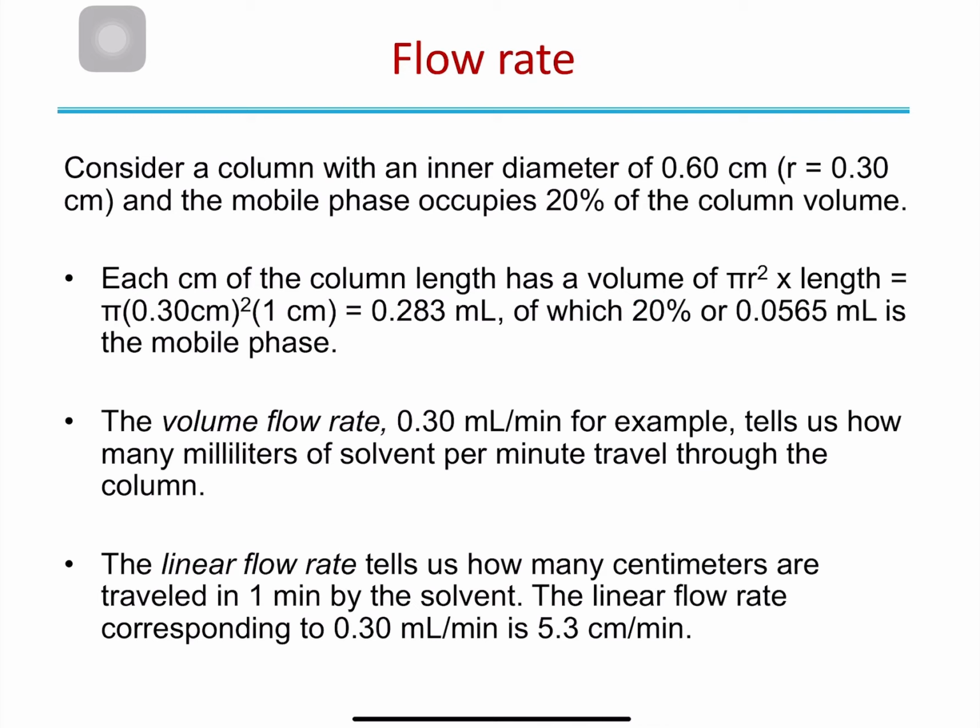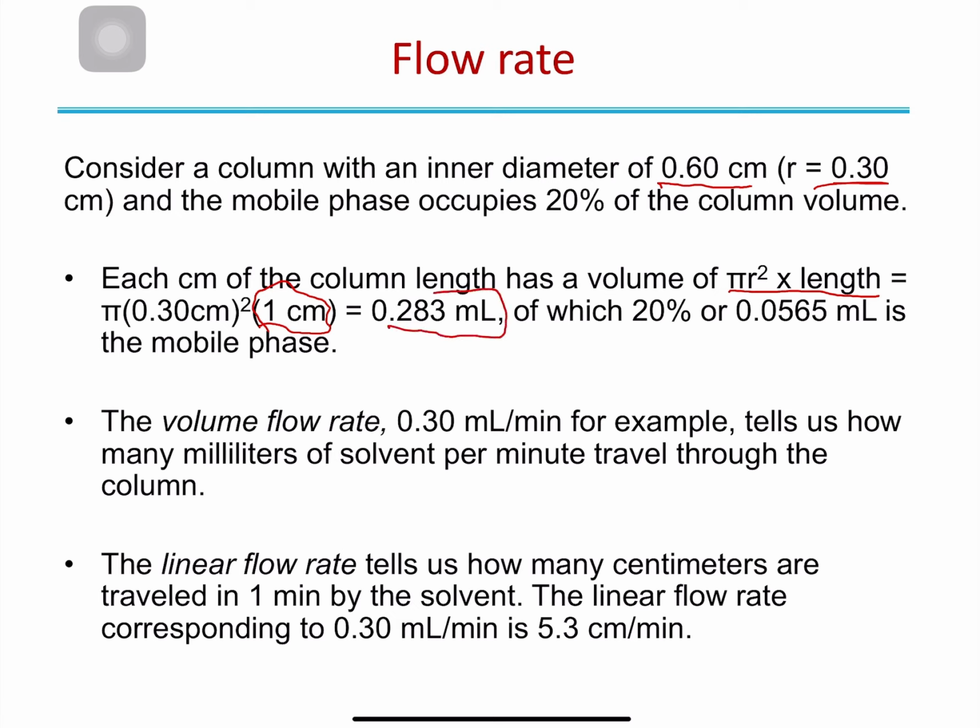So each centimeter of the column length will have a volume equal to pi r squared times the length of the column. The length here is 1 centimeter, because we are asking what is the volume of 1 centimeter. This specific column has a radius of 0.3 centimeters, so when you calculate the volume, it's 0.283 mL.